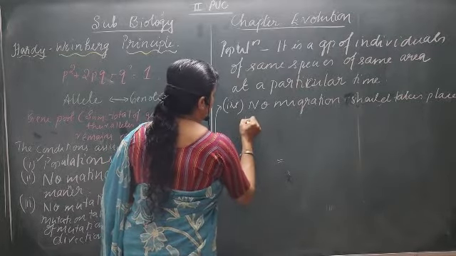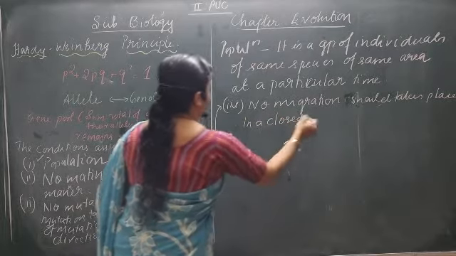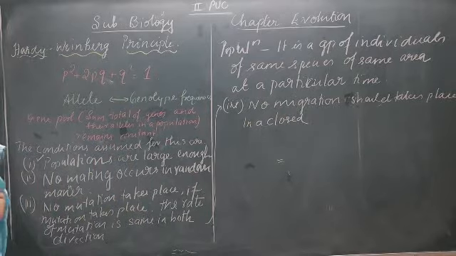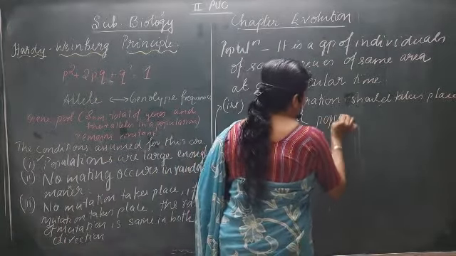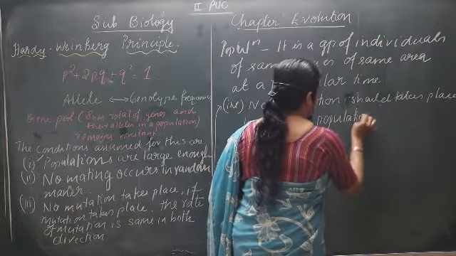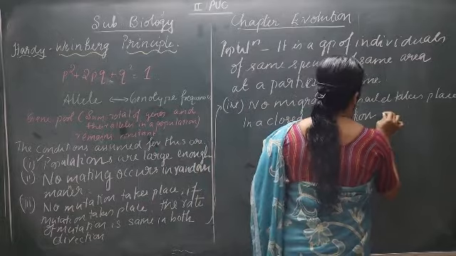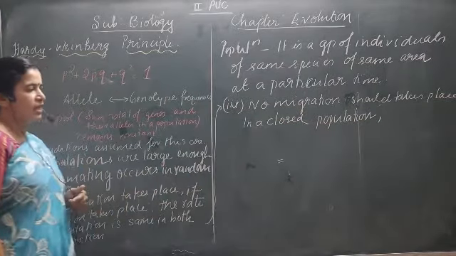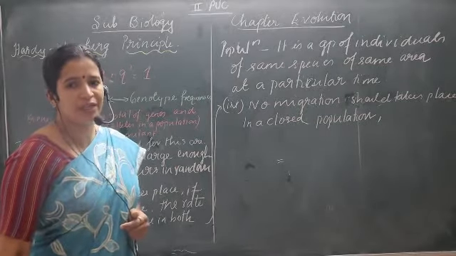In a closed population only can we apply this Hardy-Weinberg principle. In a closed population where there is no migration, no immigration as well as no emigration, only then can this condition be satisfied.